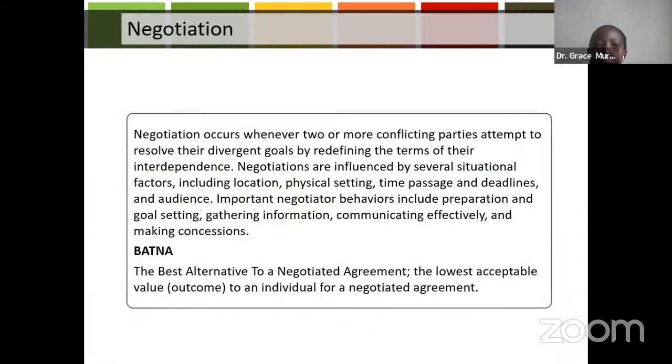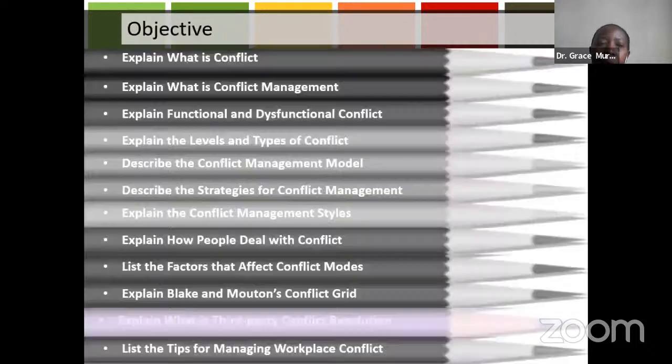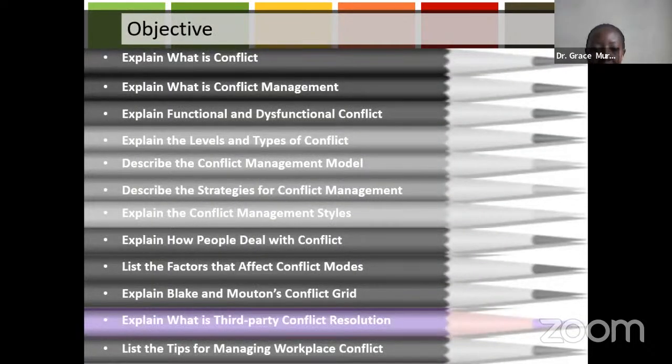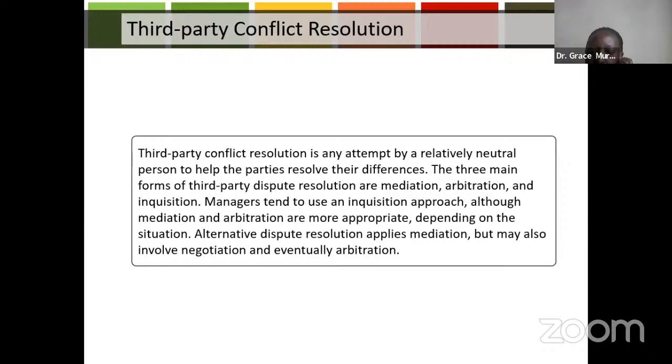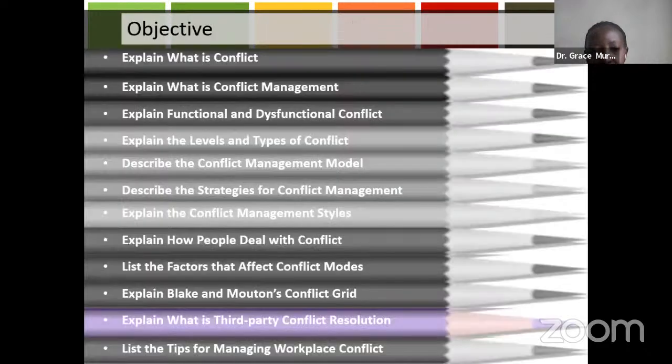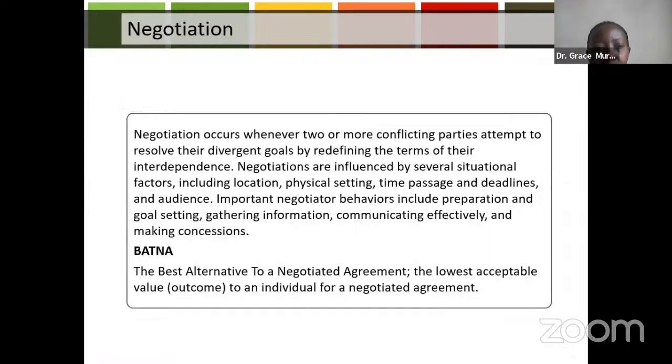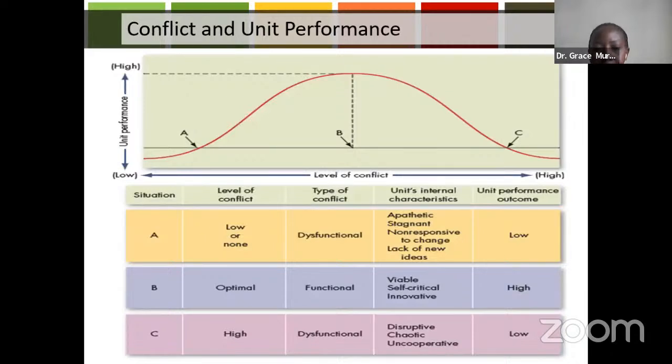So we can increase conflict in the organization. We can move conflict from point A to point B. How can we move conflict from A to B?